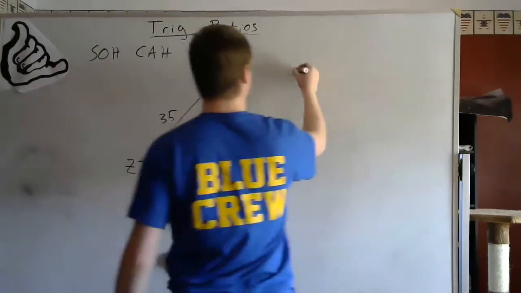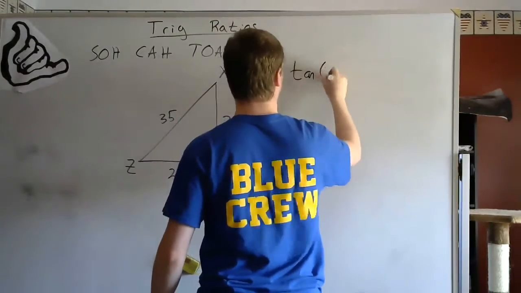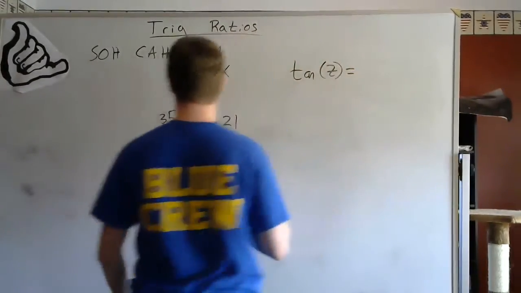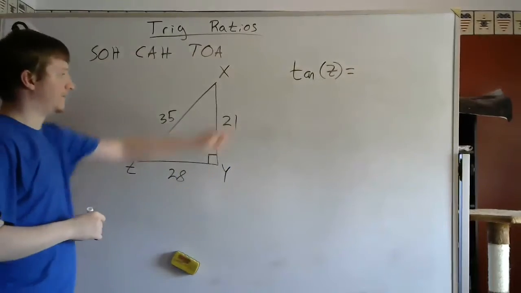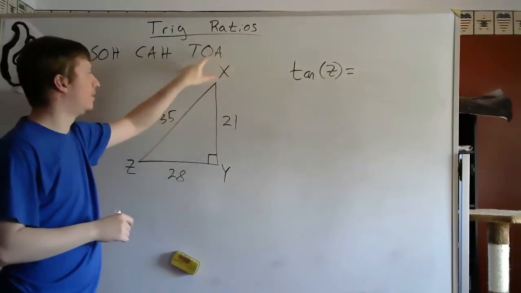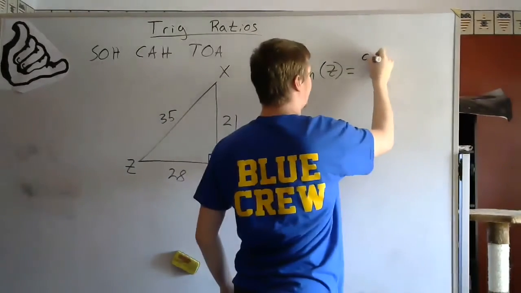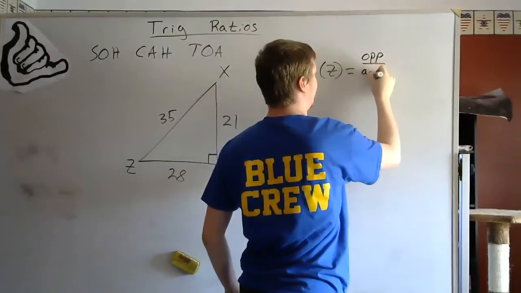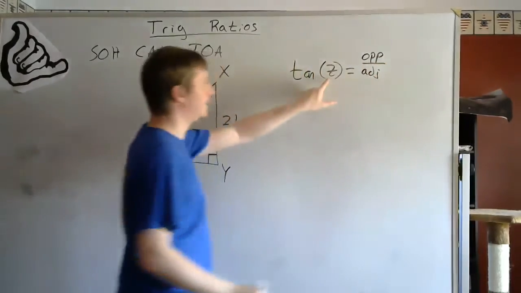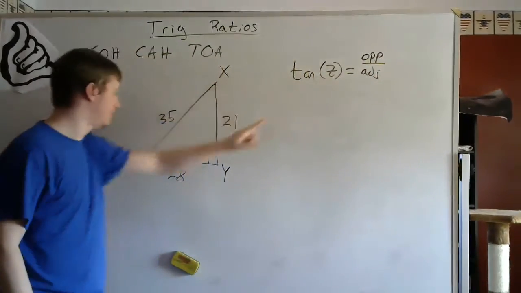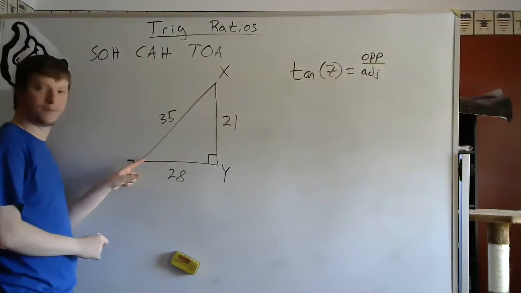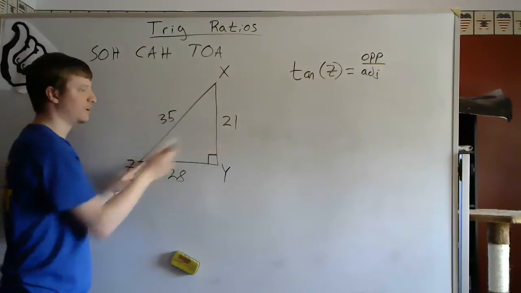The first thing that the worksheet wanted to know was what is the tangent of Z. So tan Z. Well, tangent is opposite over adjacent. The angle I'm looking at is angle Z. So down here at angle Z, the opposite for angle Z is 21.